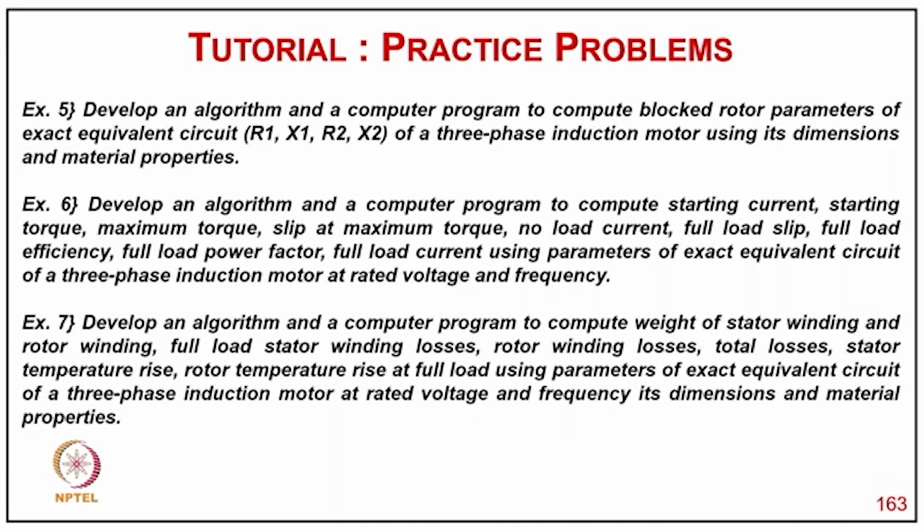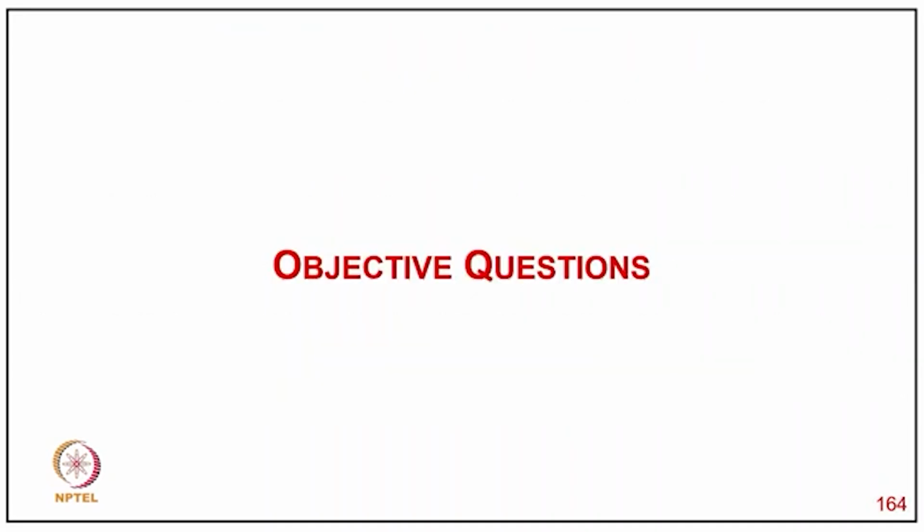Similarly, develop an algorithm with a computer program to calculate the blocked rotor parameters if dimensions and metal properties are given. Similarly, you can calculate the performance, like the starting current, if the parameters of the equivalent circuit are given. You can also develop the weight calculation and loss calculation if all parameters are given.